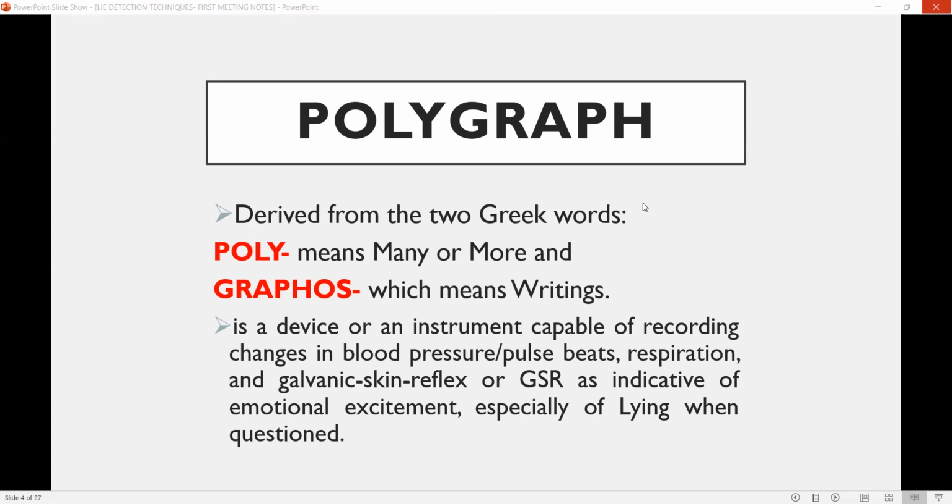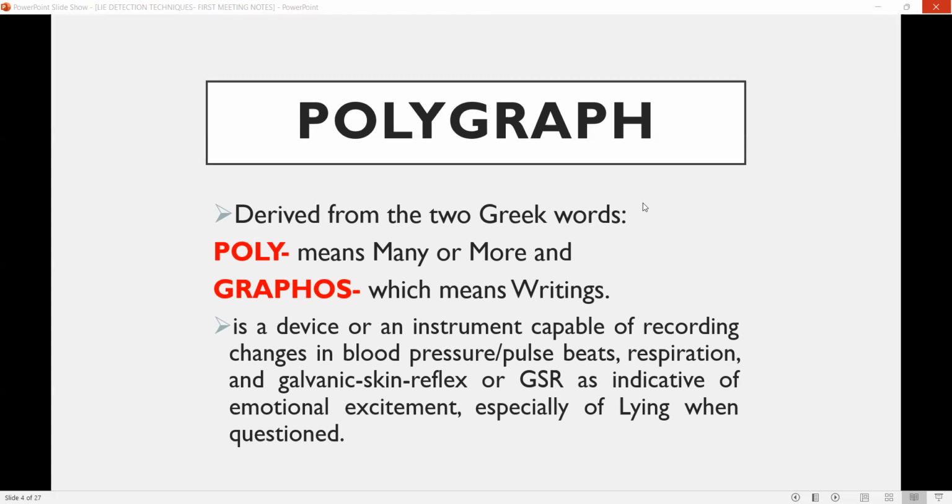So you no longer have to notice, oh, he scratched his nose, or he moved his hand. You no longer have to mind that as a polygraph examiner if you'll be using the computerized polygraph. Because it is recorded automatically by the computerized polygraph. Okay? Unlike the analog, where you still have to record the movements on the polygraph chart. So another advantage of a computerized polygraph is that it is convenient. It is convenient and easy to use.